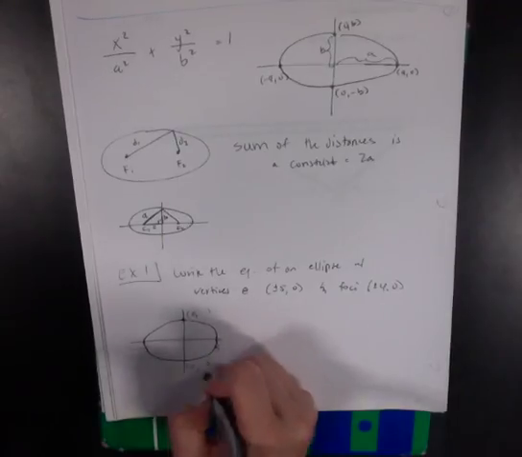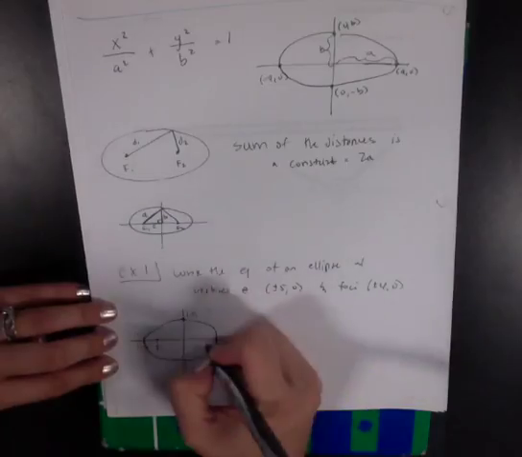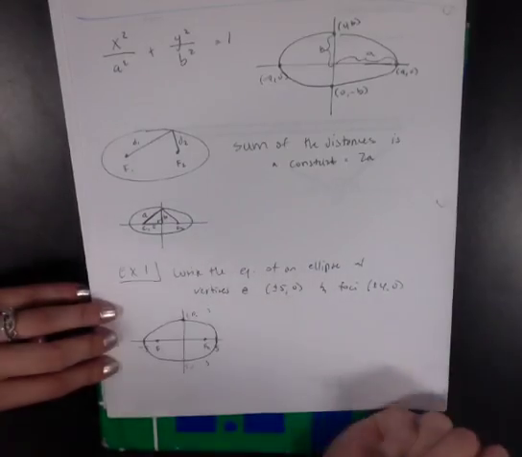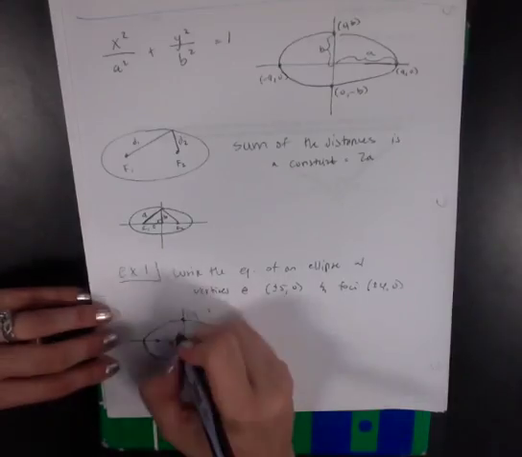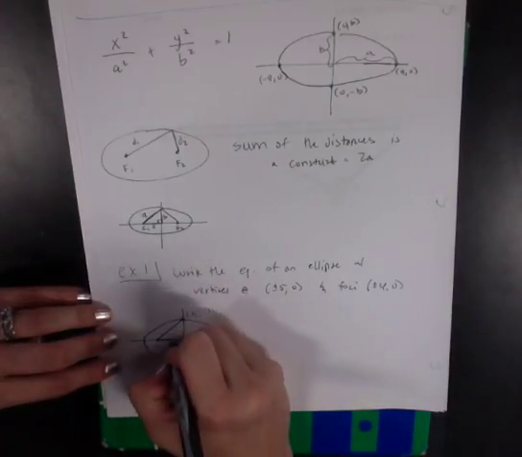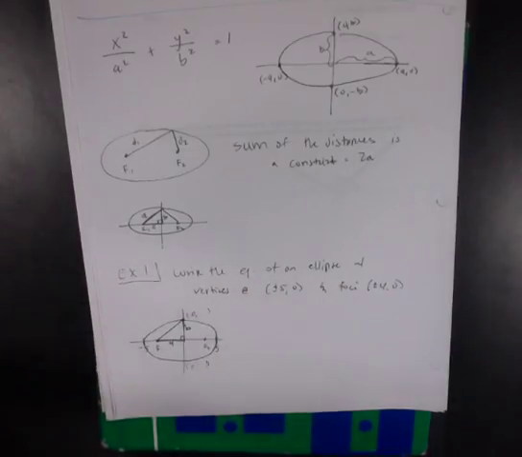Nor this point. I do know, however, my foci is at plus or minus 4, which means this distance right here is 4. Now, if I draw this triangle here, I'm looking for b.